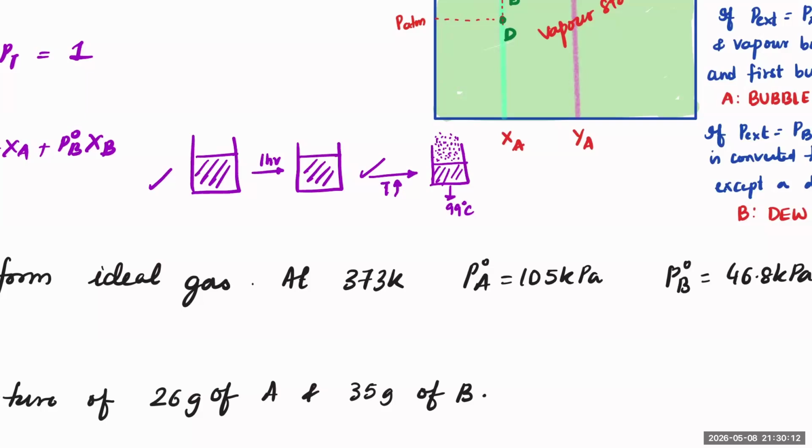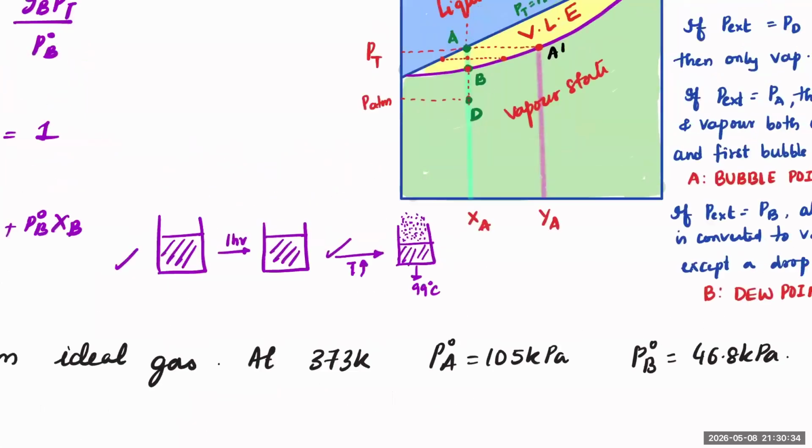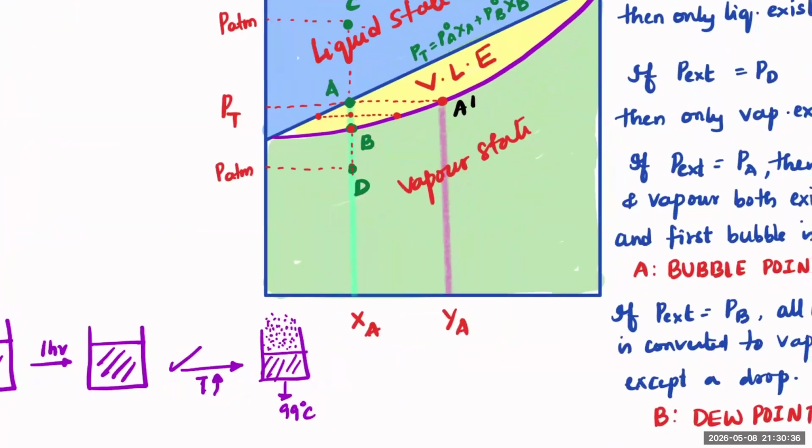Once it reaches equilibrium, the vapor pressure of the liquid and the atmospheric pressure are equal. Then we say the liquid is boiling, correct? And this is that exact point. So this point A represents the boiling point of that liquid.